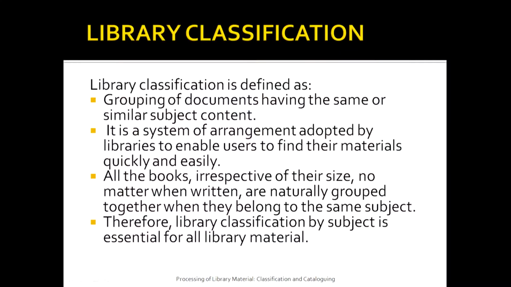Library classification has been defined by several experts in various ways. One very important definition of library classification is the grouping of documents having the same or similar subject content. Library classification is also a system of arrangement adopted by libraries to enable users to find their material quickly and easily.